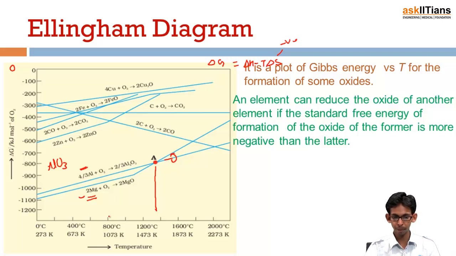So at any given temperature, the metal whose plot is below can reduce the oxide of the metal whose plot is above. The one which is below can reduce the one which is above.